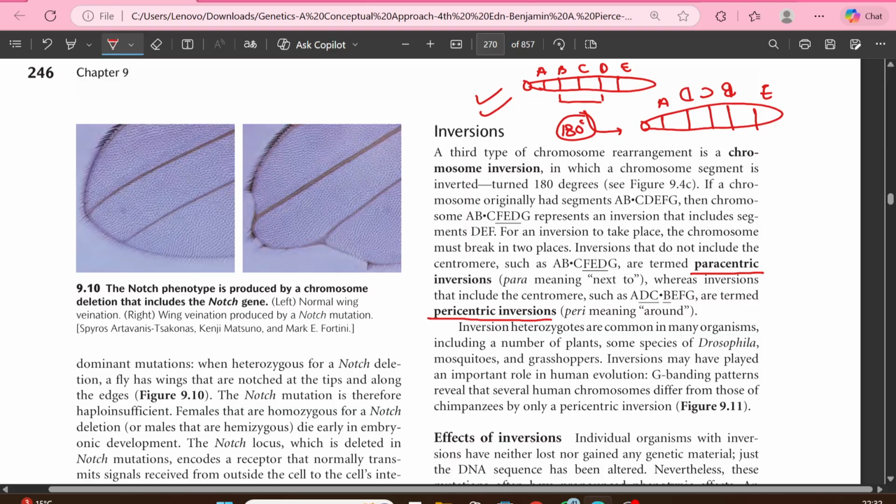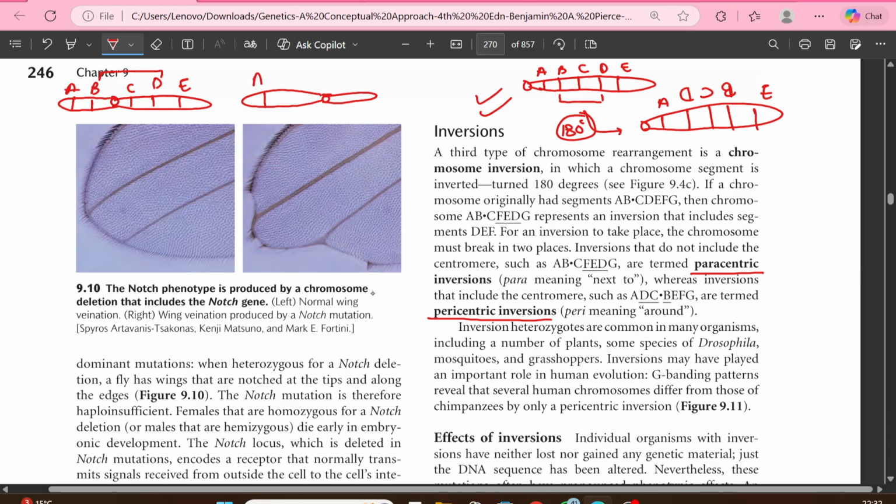Now suppose I talk about a particular chromosome which has these genes: A gene, B gene, C, D, E. Now B, C and D are getting altered. Also let's say this A arm is shorter because it only consists of two genes. Now if the inversion occurs here, it will occur in a way that the first arm becomes longer because it now has three genes, and the second arm becomes shorter.